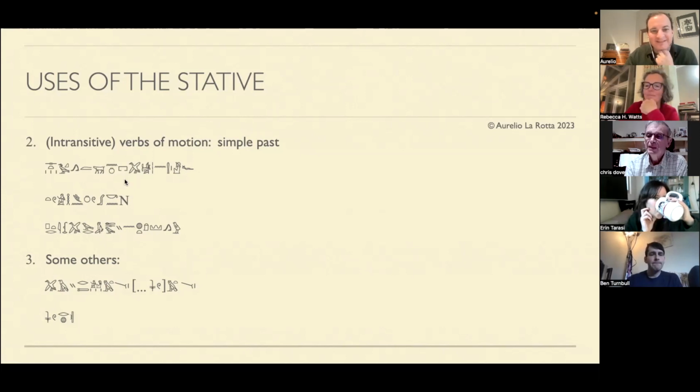Me'eshe in Saitic. Mesha is the army in late Egyptian. So pa mesha, it doesn't mean the crowd, it means the army. Oh wow, like a host. Correct.